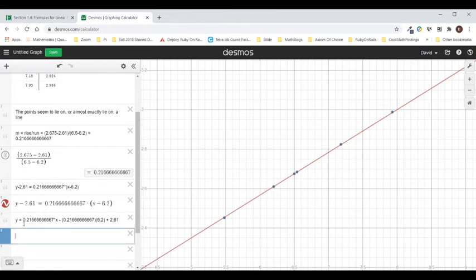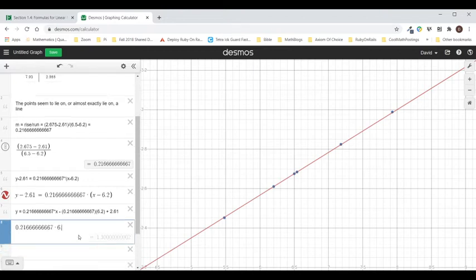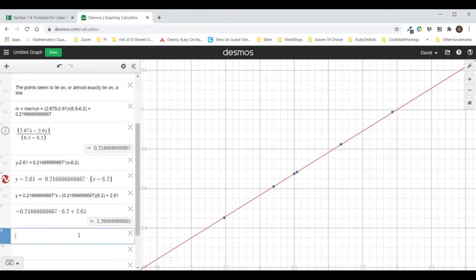I don't really know what this number is, so I'm going to let Desmos make that calculation. I want that to be negative of that, plus 2.61. Looks like 1.2 lots of 6s.